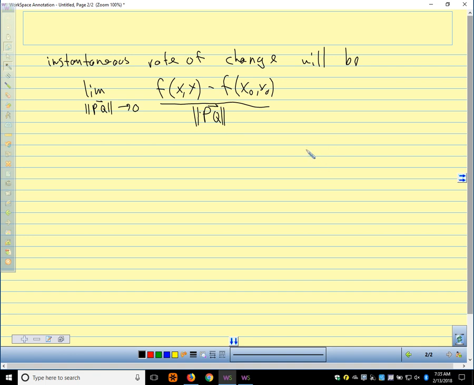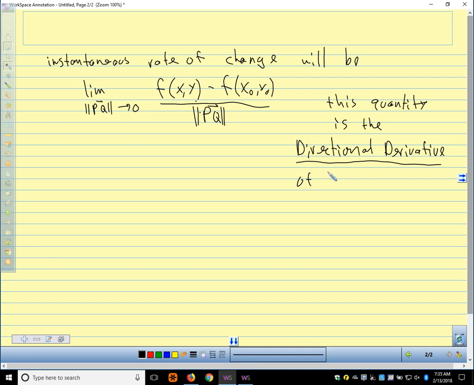So we're going to call this quantity the directional derivative of f at x0, y0 in the direction of u.